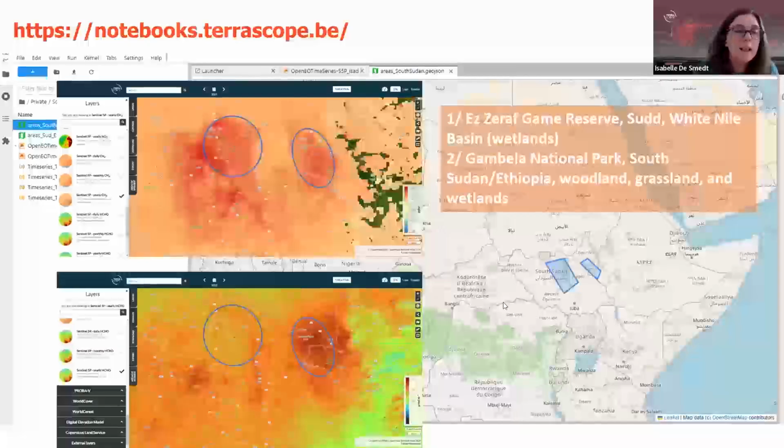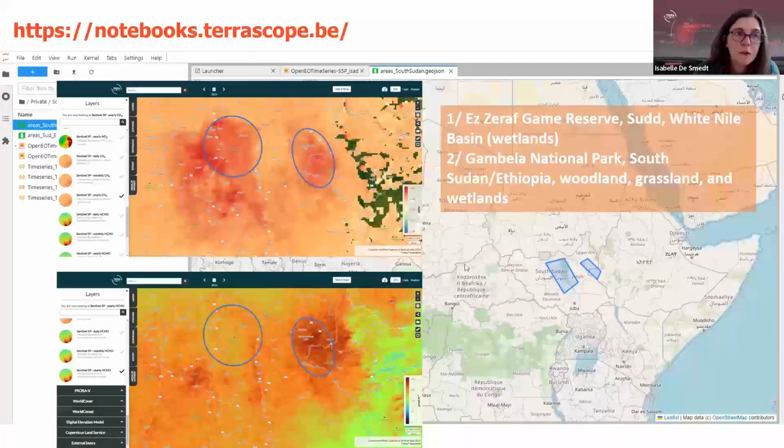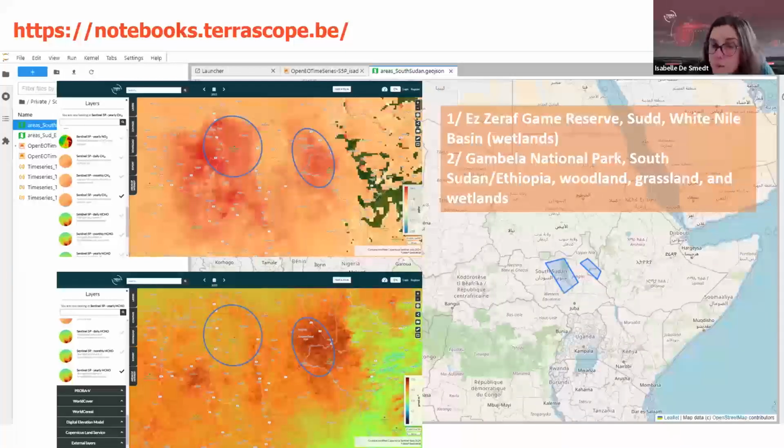So again, I use the notebook and I define two regions this time. So one in this region, which is the White Nile basin, where you can see large concentration of methane appearing, and then another region where the formaldehyde and CO column shows also quite large concentration.